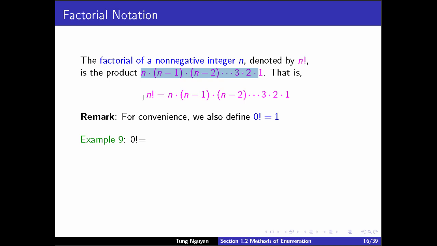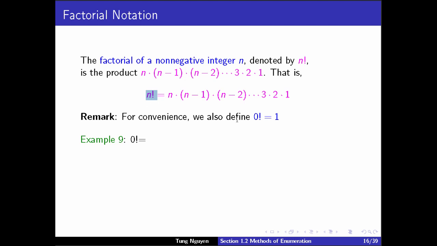So to save some writing, we represent this product by the factorial notation, which is written as n and then an exclamation mark. The whole thing is read n factorial.